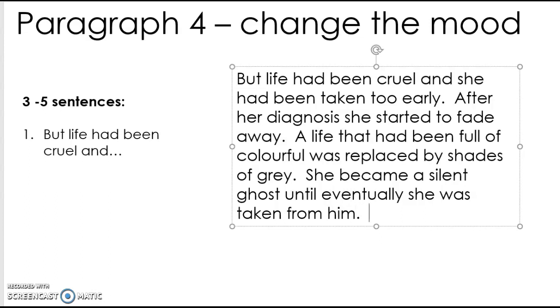So it's not perfect, but we've got the idea. We have been vague, but we're relying on our reader's ability to infer, because that makes stories enjoyable and not spell out everything. But life being cruel, she is taken early.